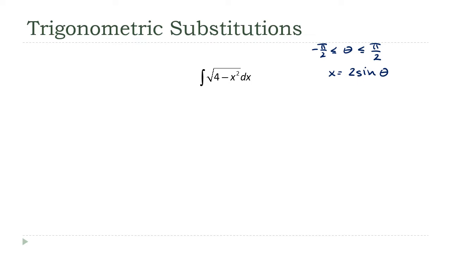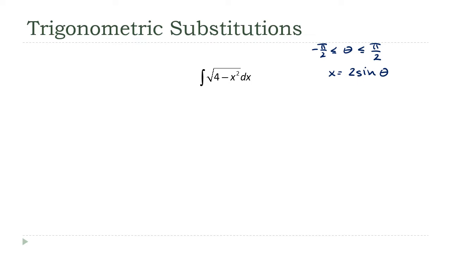And that's okay, right? I can do that because between negative pi over 2 and positive pi over 2, the sine of theta takes on all of the values that it can take on. It goes from negative 1 up to positive 1. So that's going to generate all of the possible values that this function can generate for x. And you notice that's only going to generate values between negative 2 and positive 2.